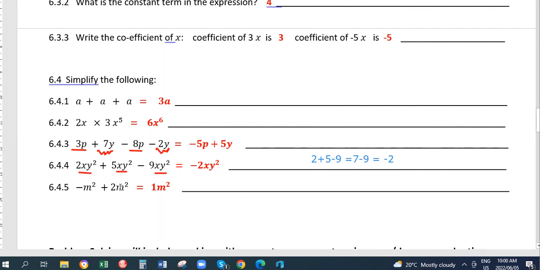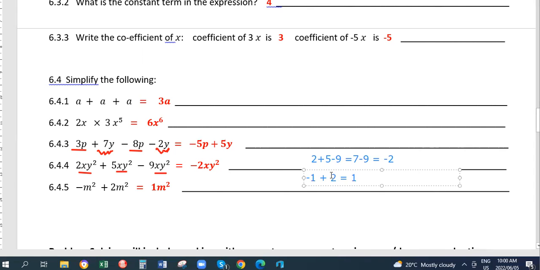Here too is addition and subtraction of like terms. We have m squared, we have m squared. Both are like terms, they're the same. This is a 1, negative 1 plus 2. So 2 minus 1 is a positive number because there are more positive values.